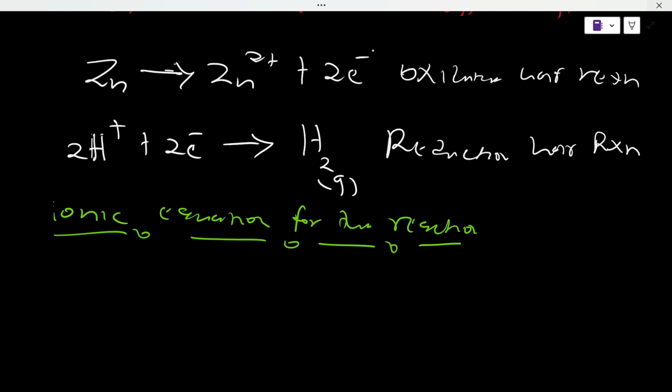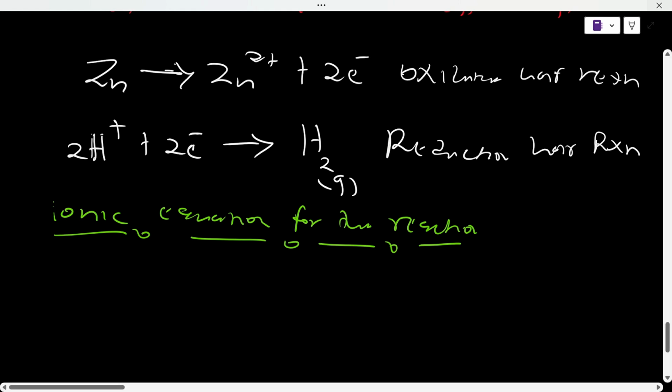And my ionic equation is going to be as simple as this. I'm simply going to have zinc reacting with 2 hydrogen ions from the acid. Then same zinc is forming zinc 2 positive plus hydrogen gas.